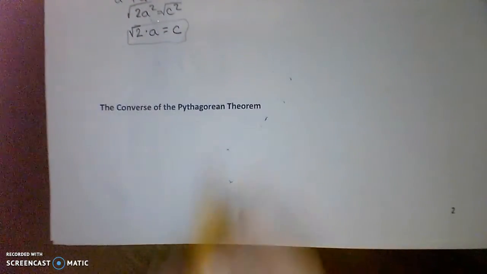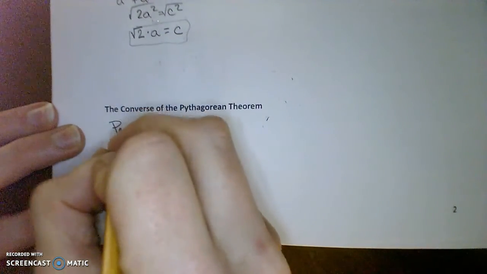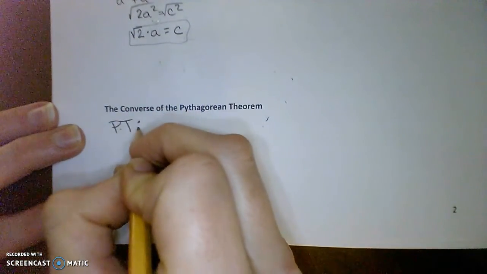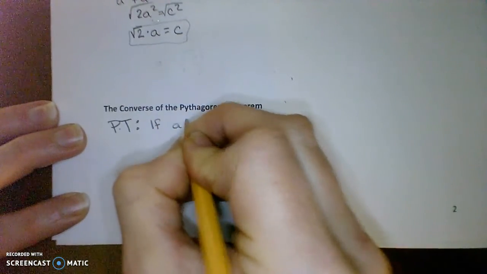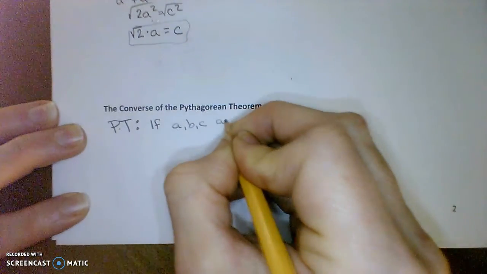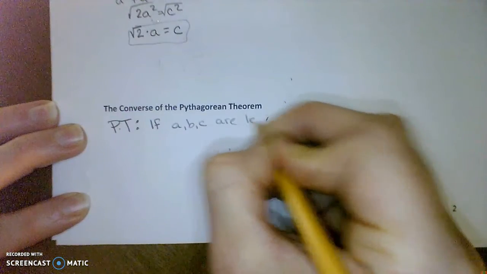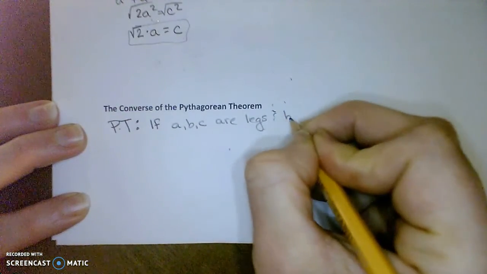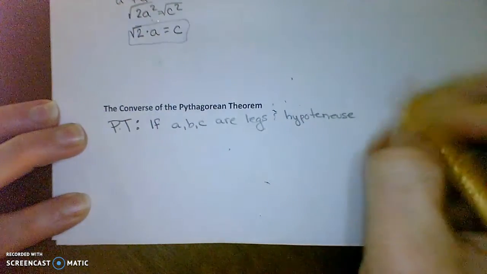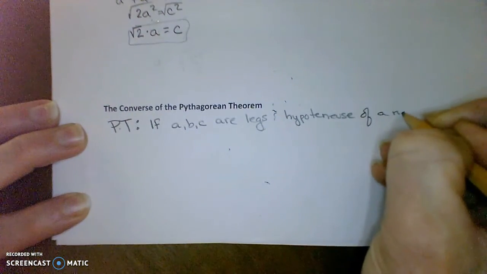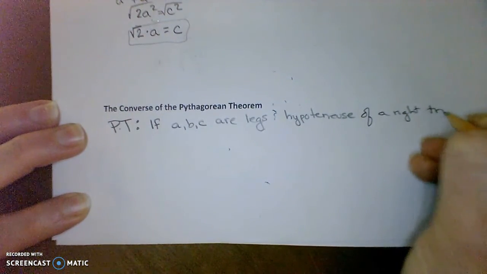All right, and the last thing with the Pythagorean theorem is that there's a converse here. So again, remember that the Pythagorean theorem, let me just call it PT for a minute, says that if a, b, and c are the sides, the legs and a hypotenuse of a right triangle.